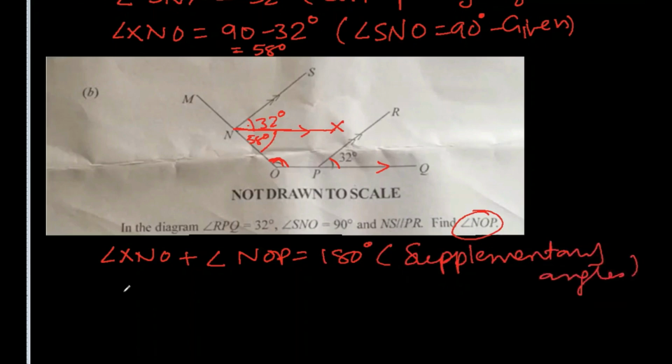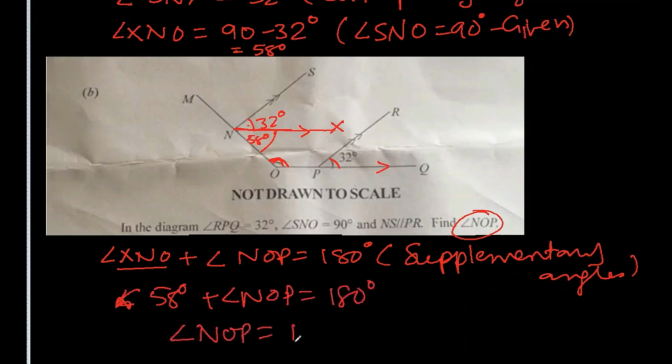Alright, so angle XNO is known to us. It is how much? 58. So let's write this value, 58 degrees plus angle NOP equal to 180 degrees. Angle NOP will be 180 minus 58 degrees, which will be 122 degrees. That's the answer.